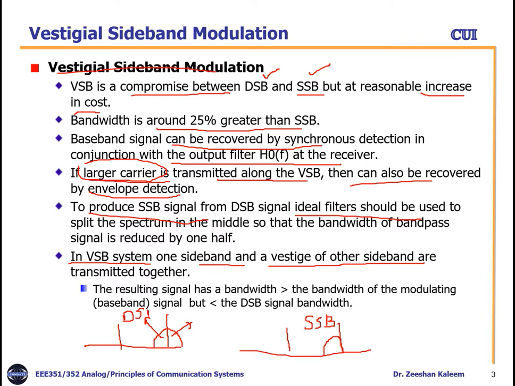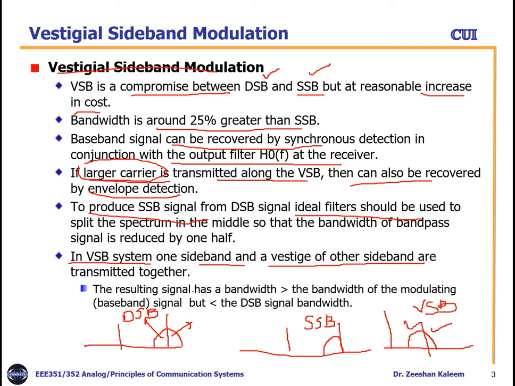And in vestigial sideband we have both of them. For example, this is the half single sideband and a portion of the upper sideband will be here as well. So this is called a vestigial sideband modulation. So they are mentioning that in VSB one sideband and one vestige are transmitted together.